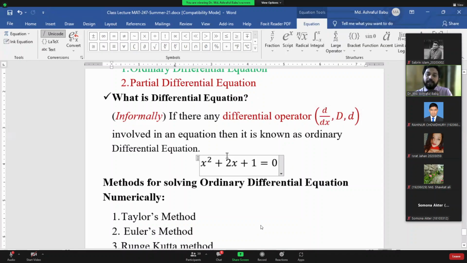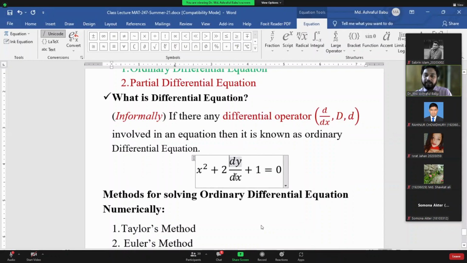But if I write an operator in here, like this one, now you see that there is d/dx, a differential operator. So you can say that this is an ordinary differential equation because an ordinary differential operator is involved in this equation. You get this point?